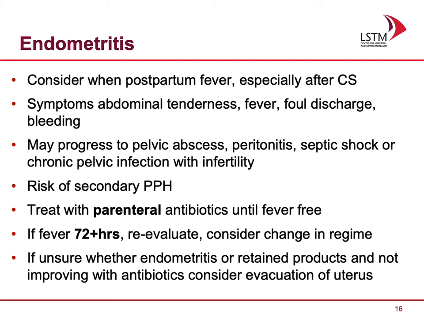If she continues with a fever for 72 hours plus, then we need to reevaluate and consider changes to the antibiotic regime. If you're not sure whether it's endometritis or retained products and the patient is not improving with antibiotics, then you need to consider a careful evacuation of the uterus surgically.